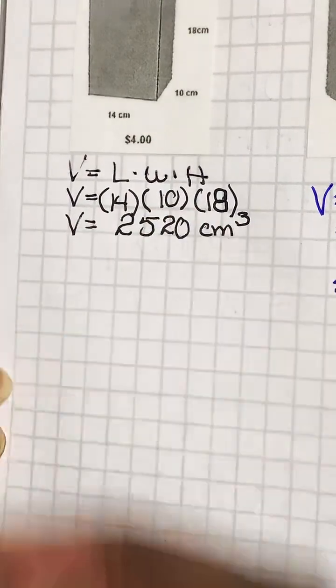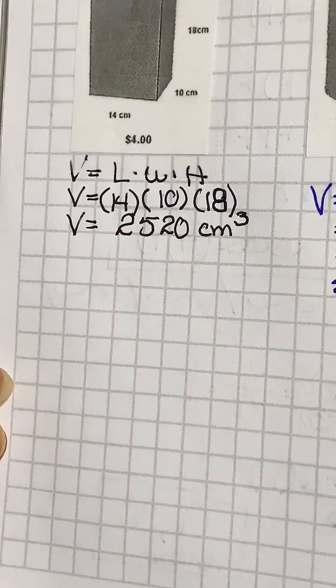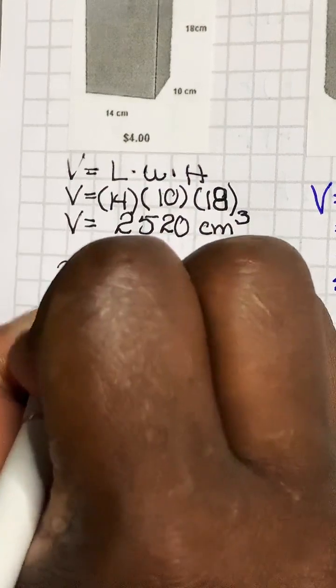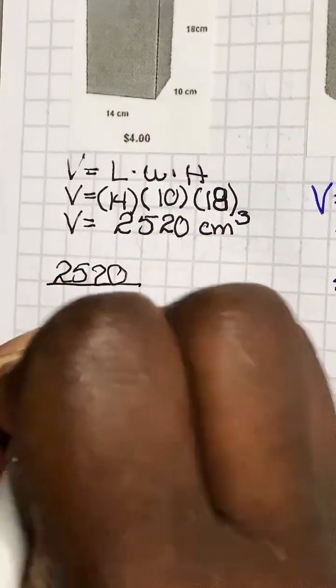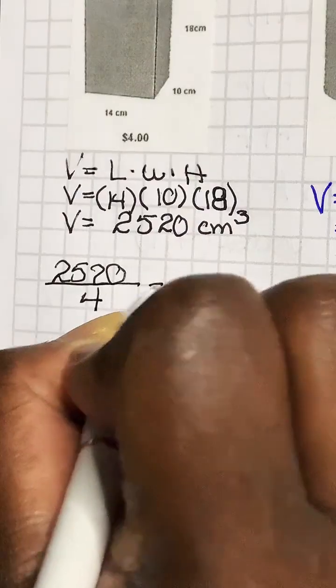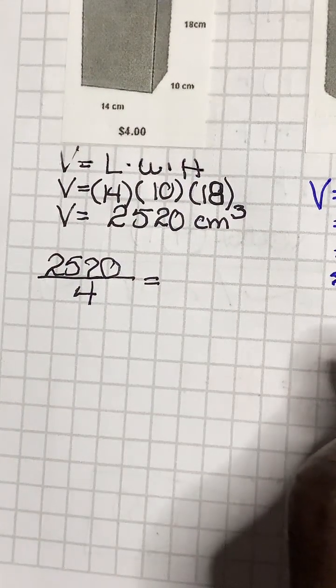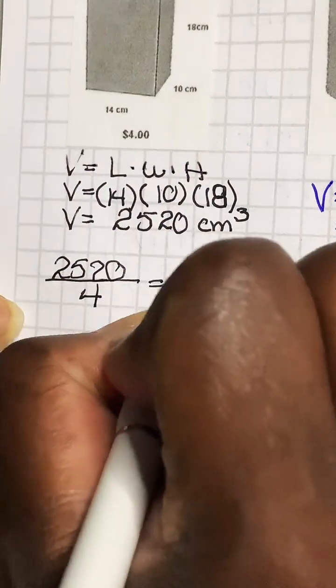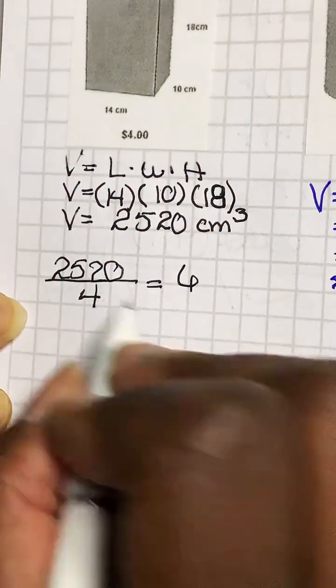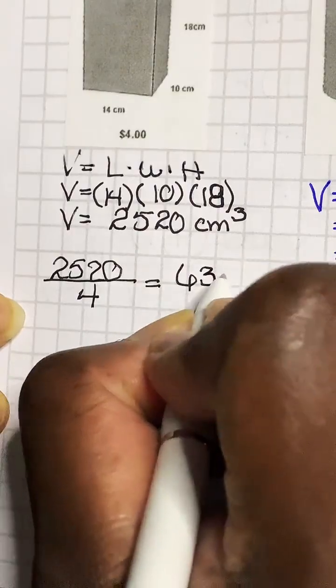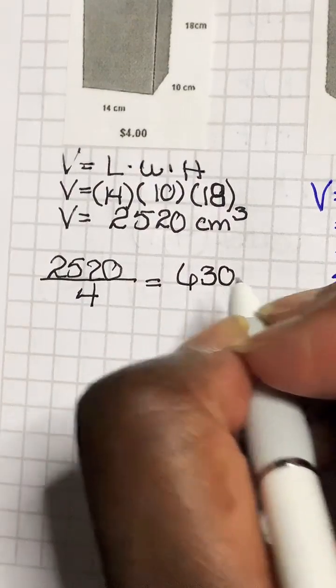Okay, so we have our 2,520, and we divide it by the $4. So how many 4s can go into 25? That's 6. Carry the 1, so that'll be 3, and then carry the 0.